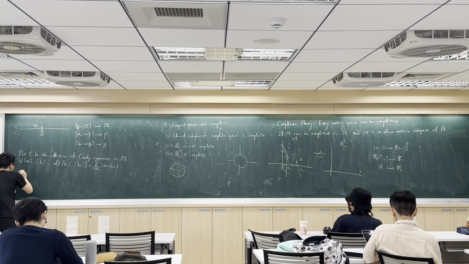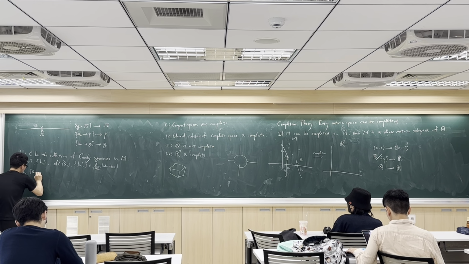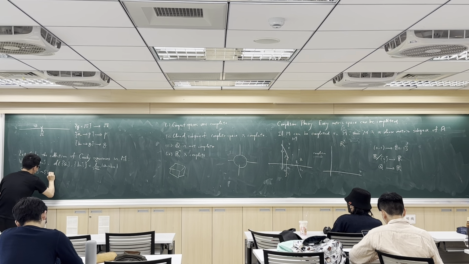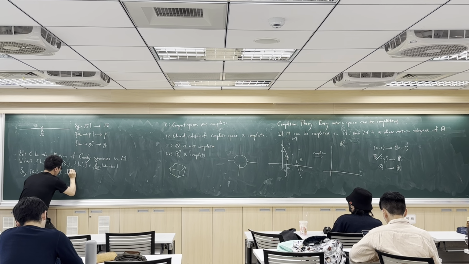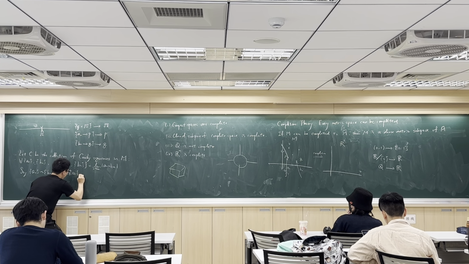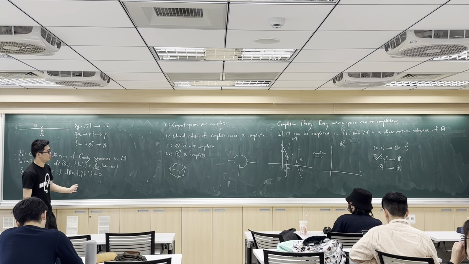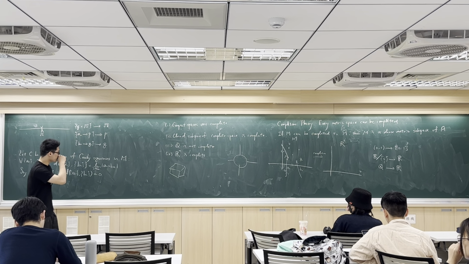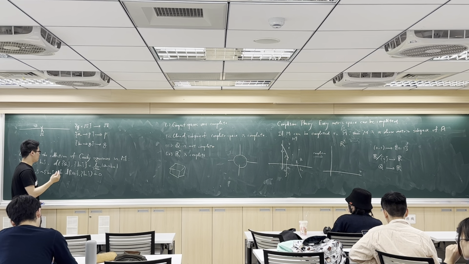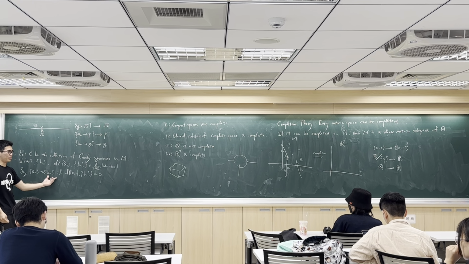So we say An is equivalent to Bn if D(An, Bn) equals 0. That is, An and Bn both converge to P. If An is equivalent with Bn and Bn is equivalent with Cn, we know that An is equivalent with Cn.